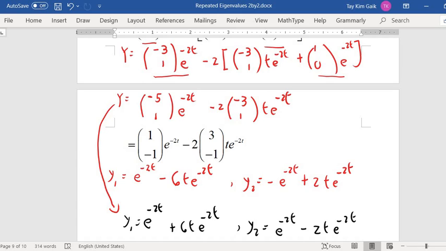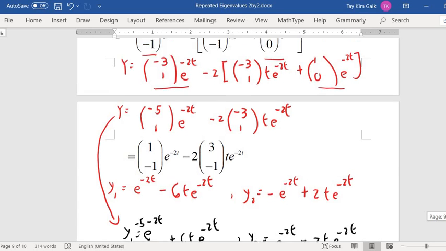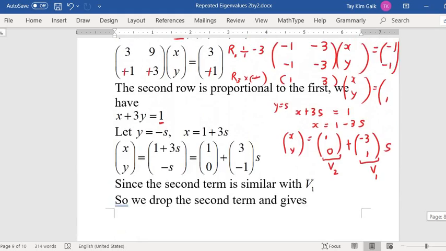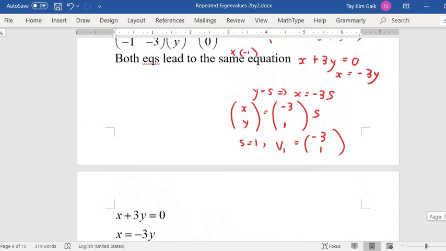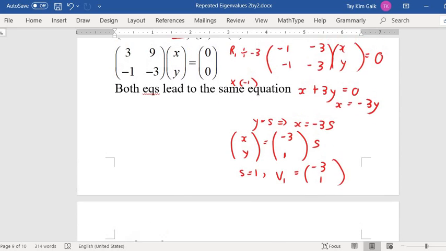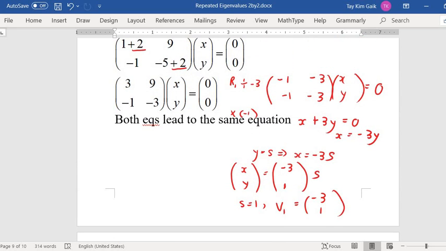Okay, let me check where the mistake is. Supposedly we should get back the same solution. Let me check whether we got any mistake. From here, x plus 3y equal to 0, so x is negative 3y, and let y equal to s.